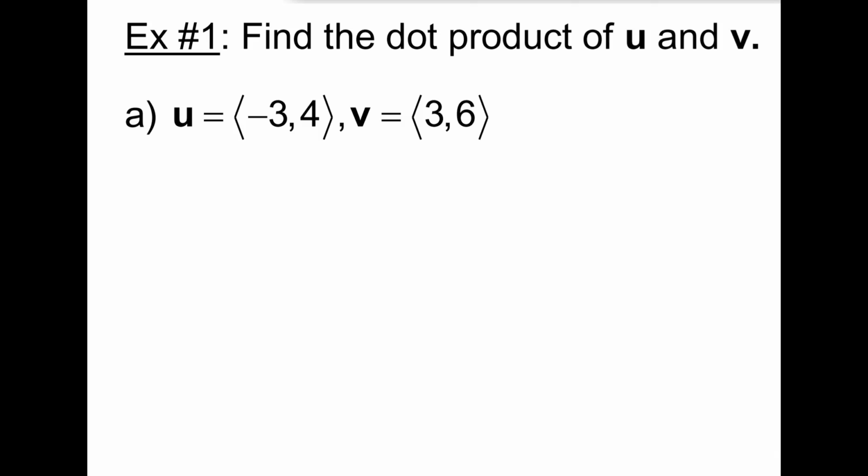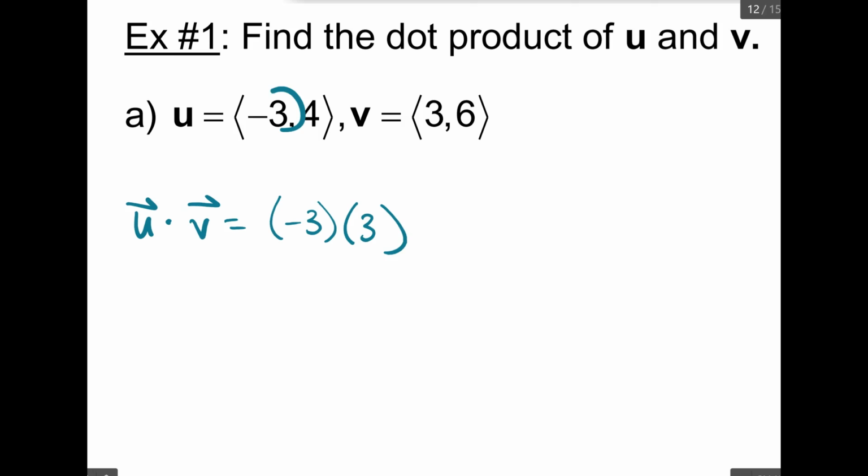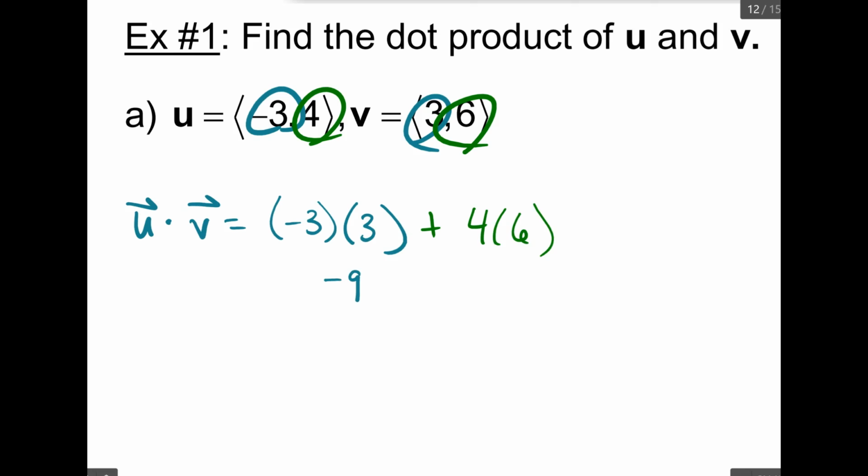Cool. So if I want to do the dot product of u and v, you do -3, 4. So -3 times 3. Take the first ones, multiply them, and add that to the second ones multiplied, so times 4 plus 6. So this is going to be -9 plus 24.